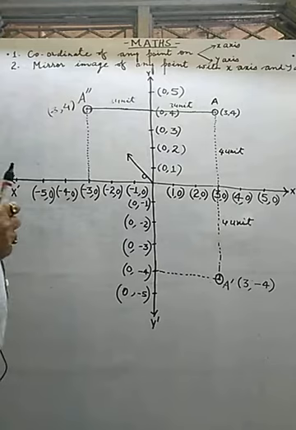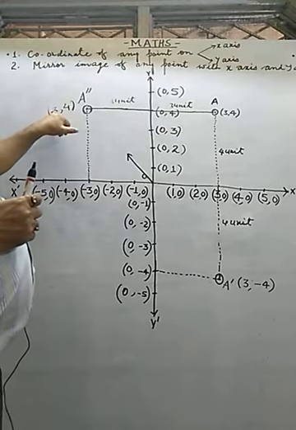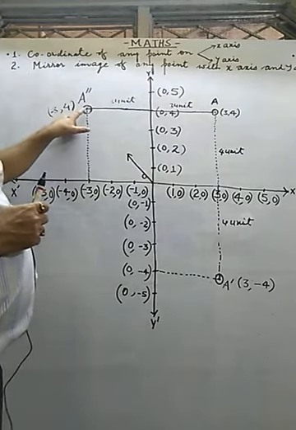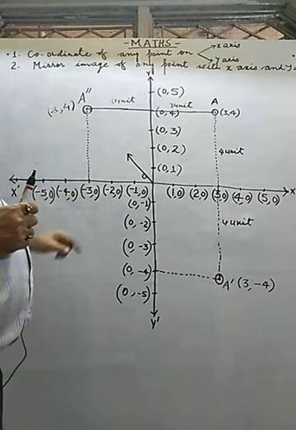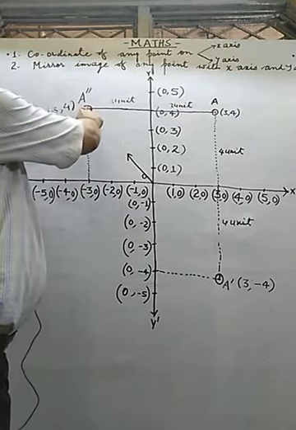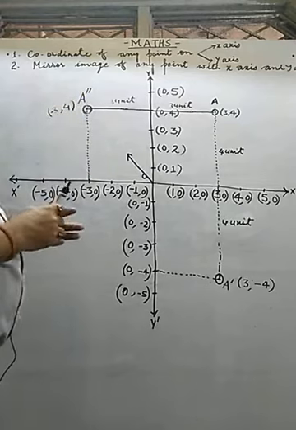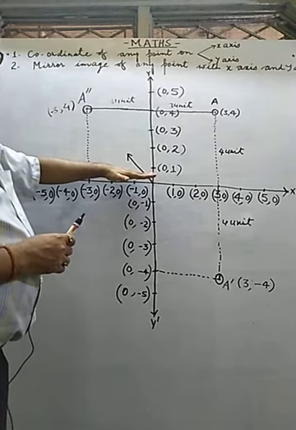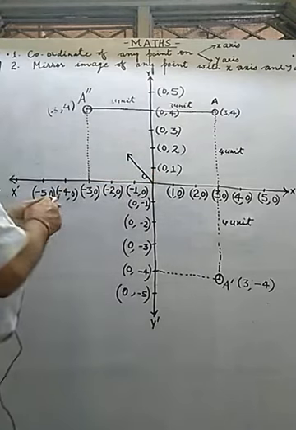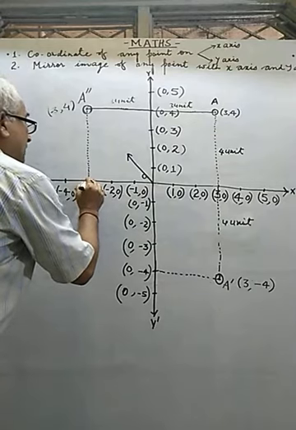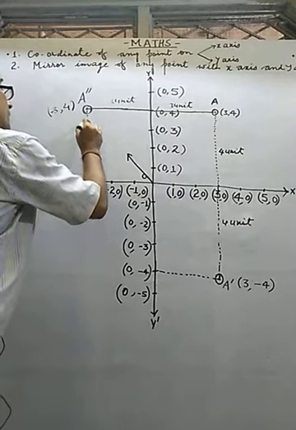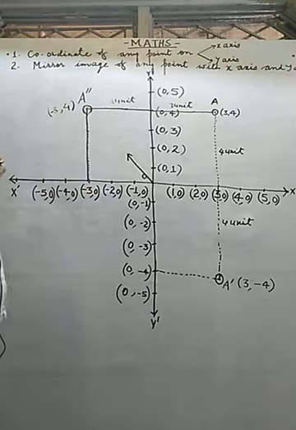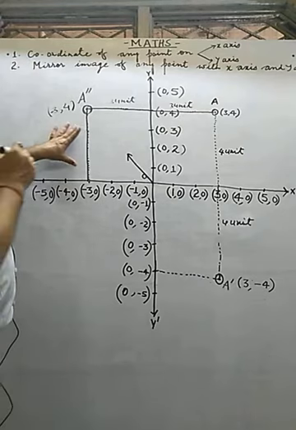Now see what will be the mirror image of this point with respect to the x-axis. Mark here, this point is (-3, 4). So what will be the mirror image of this A double dash with respect to the x-axis? Now this x-axis is behaving just as a mirror. Now the distance of the object from the mirror is how many units? From the mirror to the point, this one is 4 units.